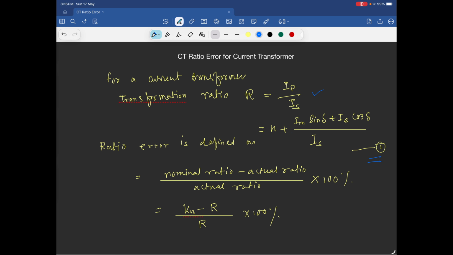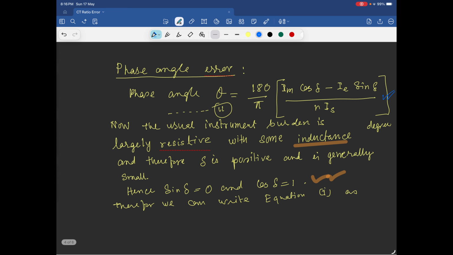So it is N plus IE by IS. So from this equation directly I can write R is equal to N plus IE by IS.